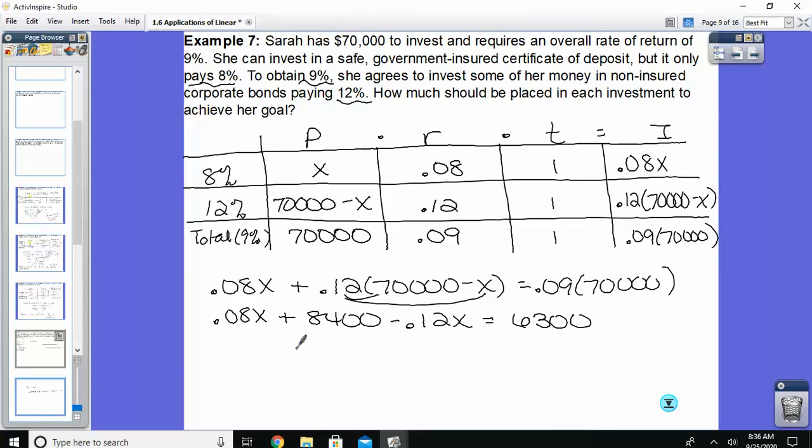Like terms. 0.08 minus 0.12 is negative 0.04.